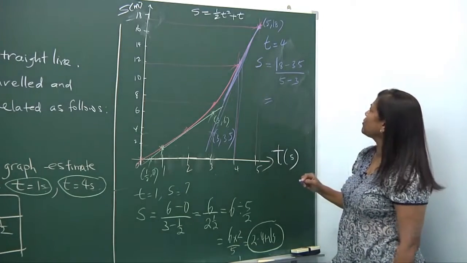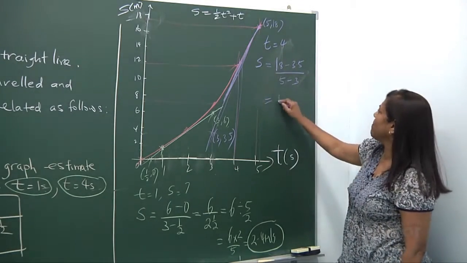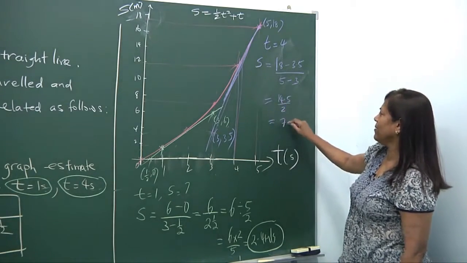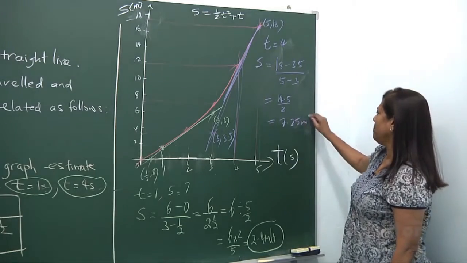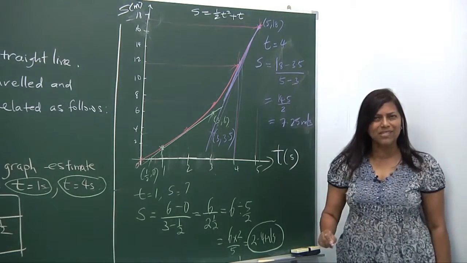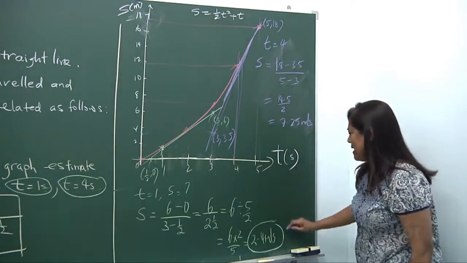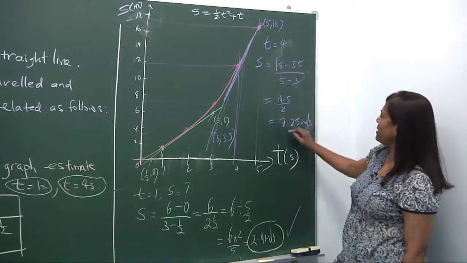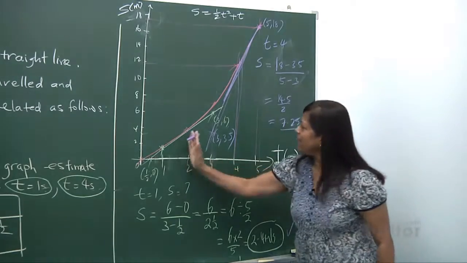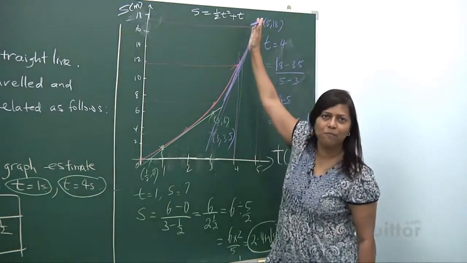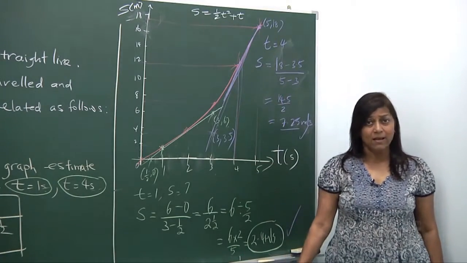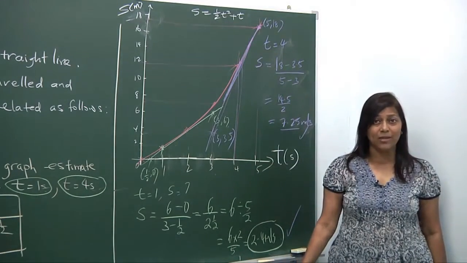Now 18 minus 3.5 will be 14.5, divided by 2. We get 7.25 meters per second. Do you see that? The speed has increased from 2.4 meters per second to 7.2 meters per second. The speed is increasing at this point. At every point, if I were to draw a gradient, the speed is going to change.